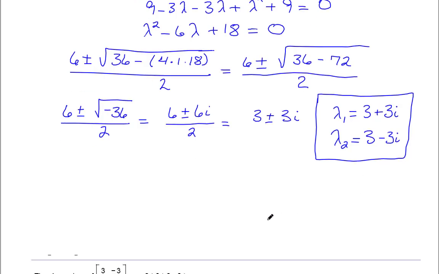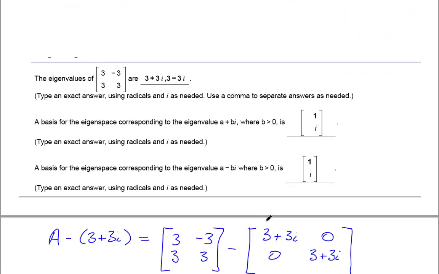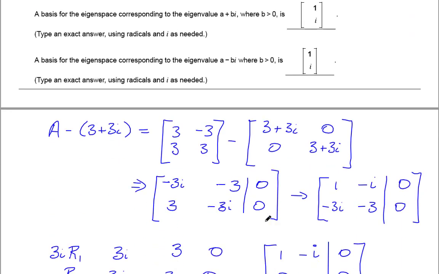Okay, so we try to find our eigenvectors. So A minus 3 plus 3i times I. So that's there. 3 minus 3 plus 3i, I get a minus 3i. Same thing on this one. So I see I can get a 1 there, so swap row 1 and row 2 and divide by 3.